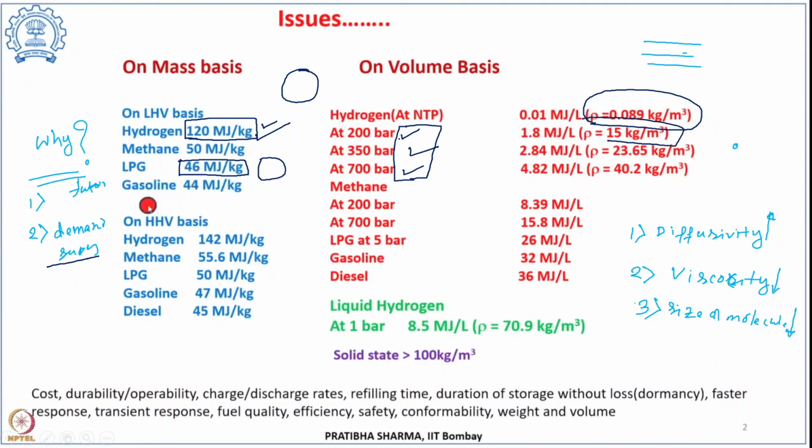At 350 bar, the density is around 23.665 kg per meter cube. If we go for higher compression, then the hydrogen density will also be high. Thus we can store 1 kg of hydrogen in a small container. That's why we require very high compressed conditions.